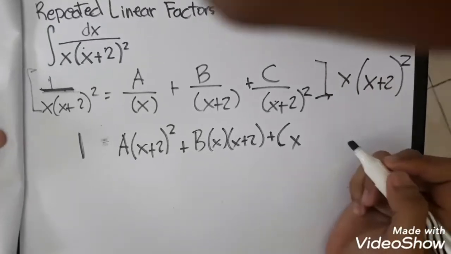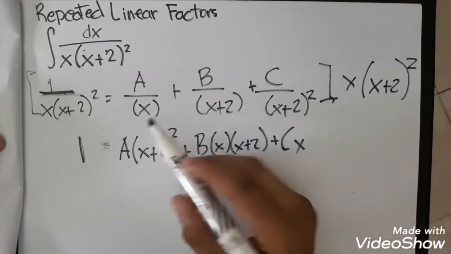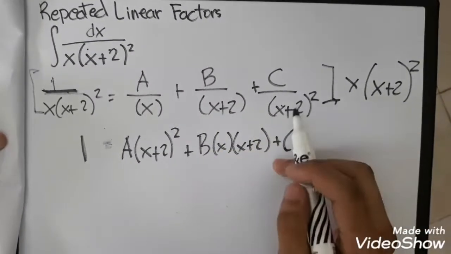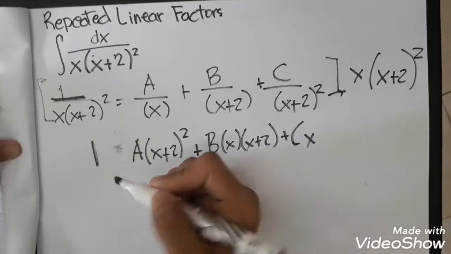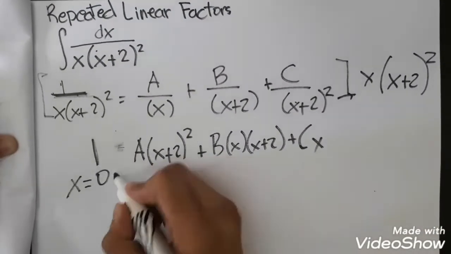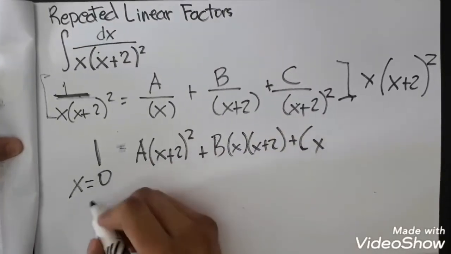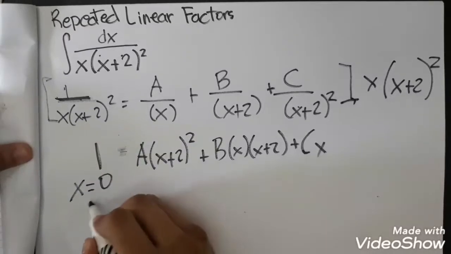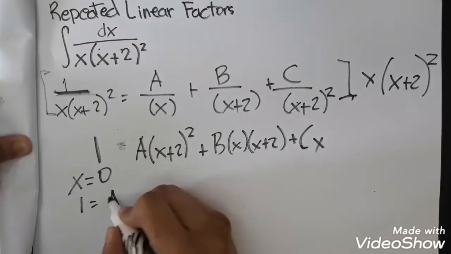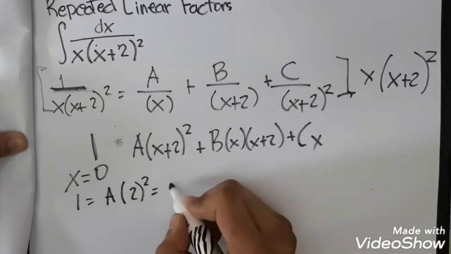With this, we can get the values of a, b, and c by substituting each of the variables with each of the roots of the factors. First is the factor x equals 0. By using the root of x, which is 0, we can get the value of a: 1 equals a times 2 squared, which is 4a.